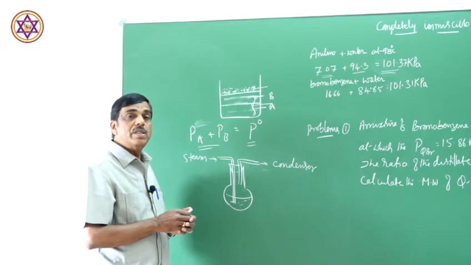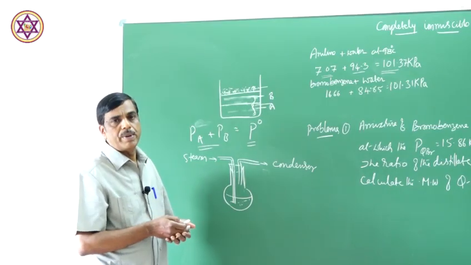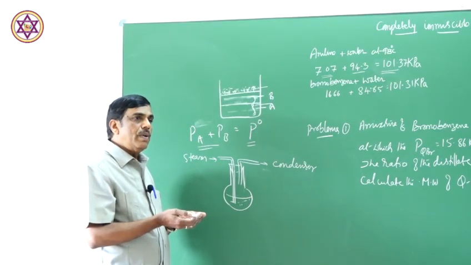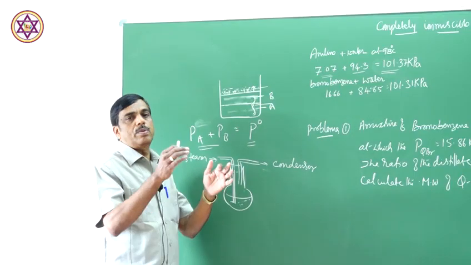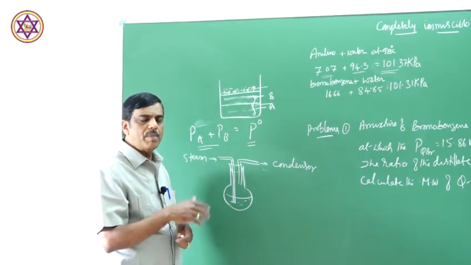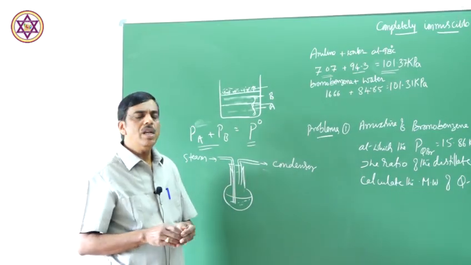The advantage of this is that many organic liquids decompose at higher temperature. When they decompose at higher temperature, it is very difficult to separate them from the source. Organic compounds having higher molecular weight can be separated by this steam distillation.